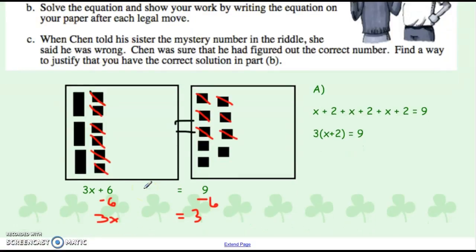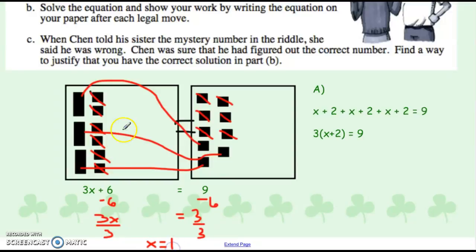And after I do that, I'm going to solve my equation, and it would mean that one of these x's equals each one of my tiles on the right, and that would be the same as dividing them into groups. So I'm going to divide each side by 3, and that would end up meaning x is equal to 1. So each x equals 1 unit. So that would be your answer for B.